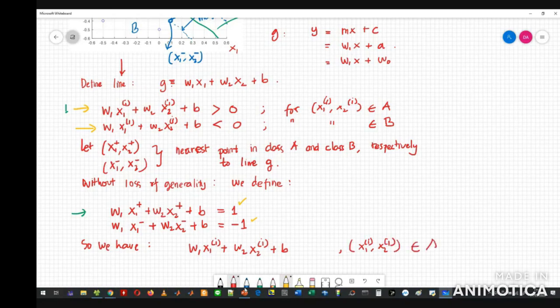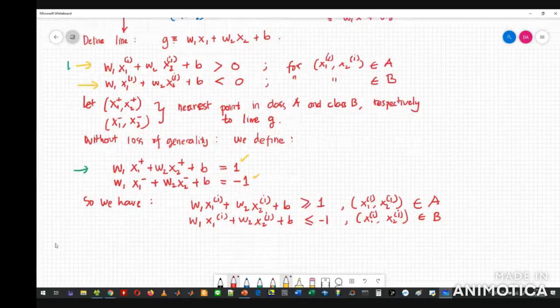If this one is an element of A, what does it mean? This is actually larger than 1. And the other way around, w1 x1 i plus w2 x2 i plus b is less than minus 1 if this point belongs to B. So we have defined what is class A and what is class B by these definitions.